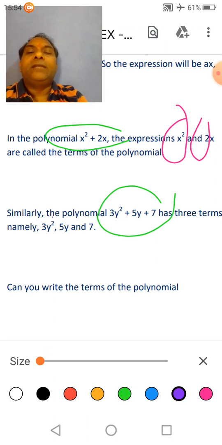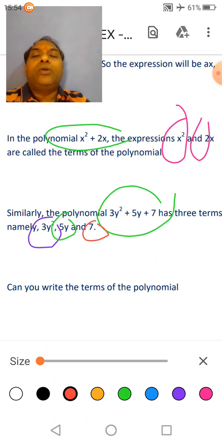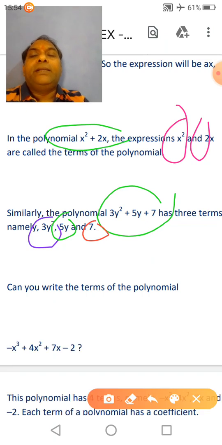The first term is 3y square, second term is 5y, and third term is 7. Clear? So can you write the terms of the polynomial?